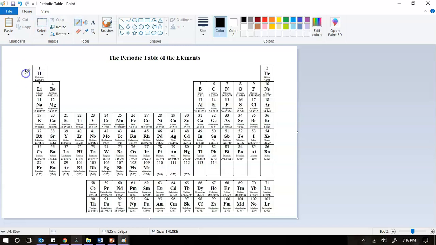So hydrogen's in row 1, lithium's in row 2, 3, 4, 5, 6, and 7. Alright, and feel free to write somewhere that those numbers tell you the number of orbitals.